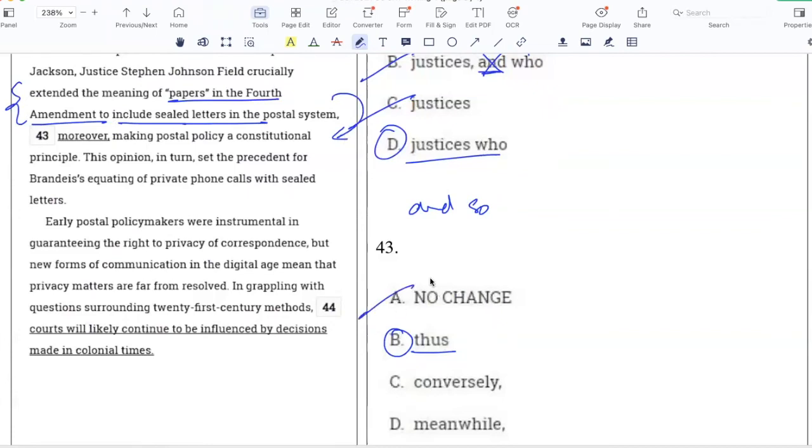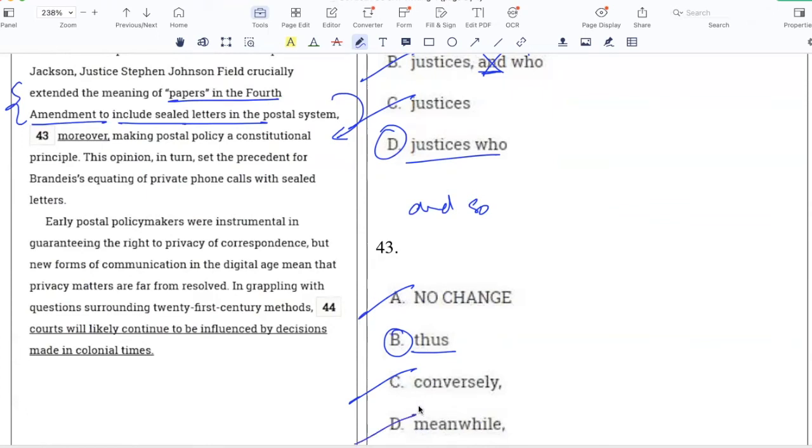So it's not A. Conversely doesn't fit here because conversely is used when you're looking at the other aspect of an argument. So that as a connector doesn't fit at all. And meanwhile would mean that something happens at the same time. So it is not as good a connector as thus because thus is directly related to cause and effect.